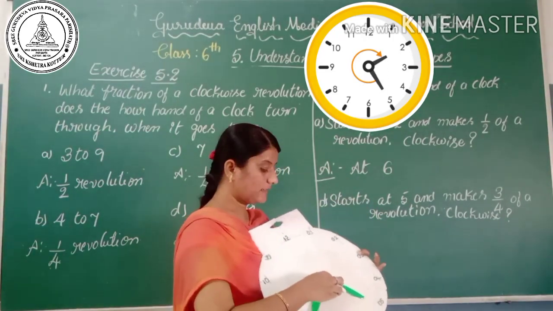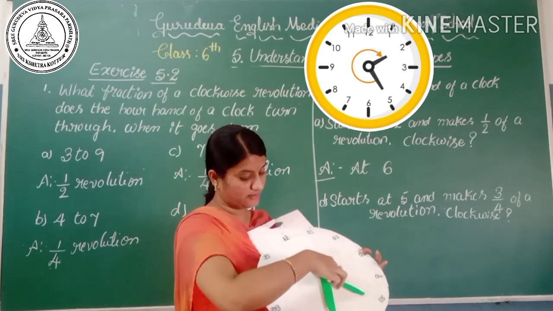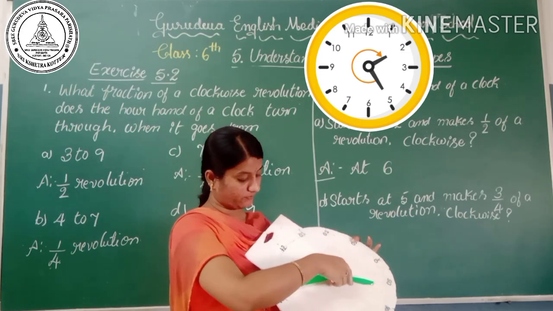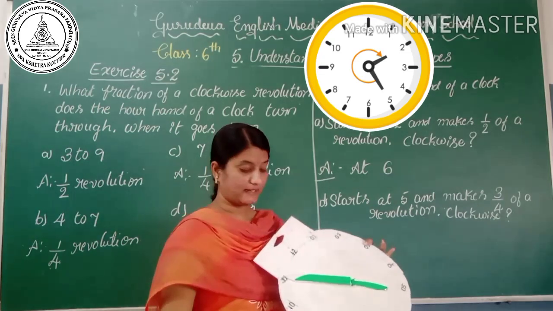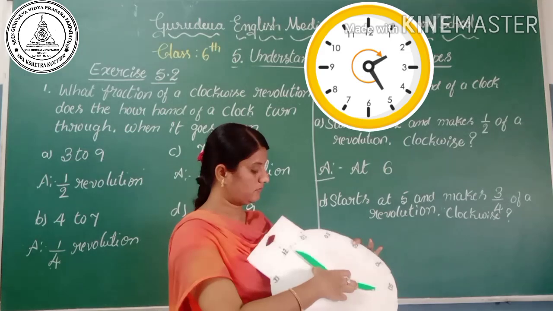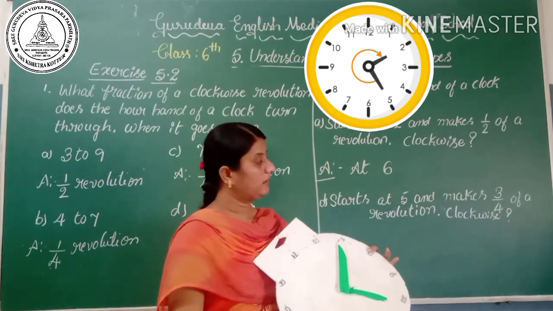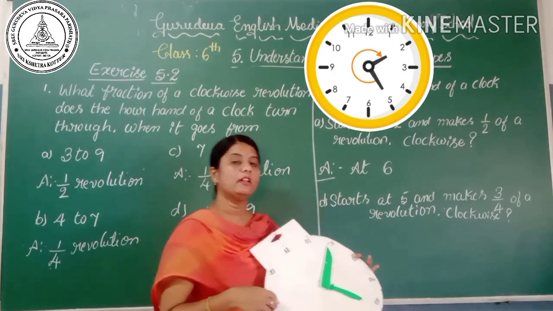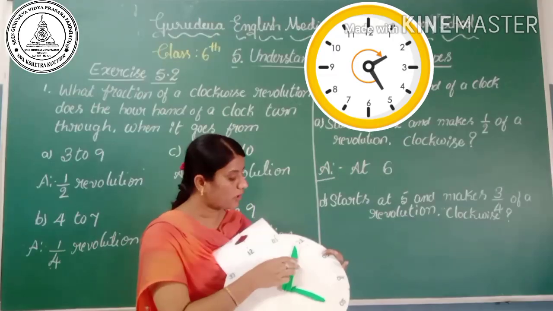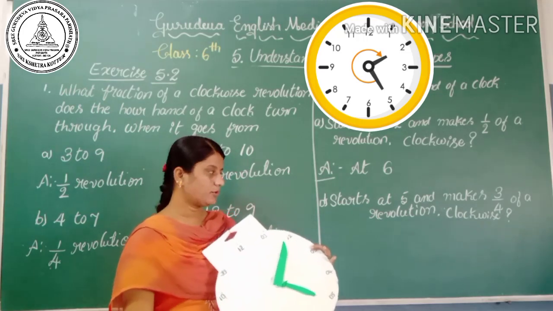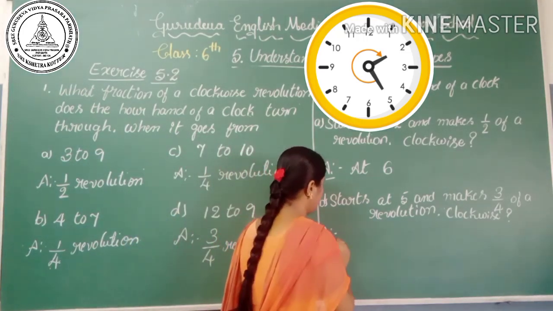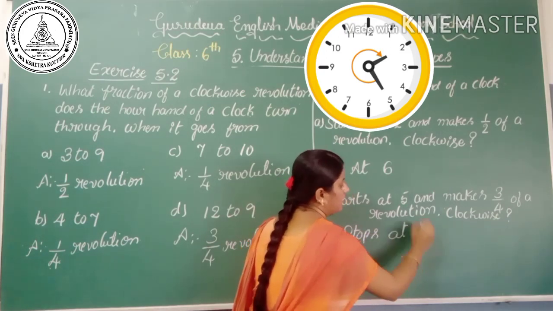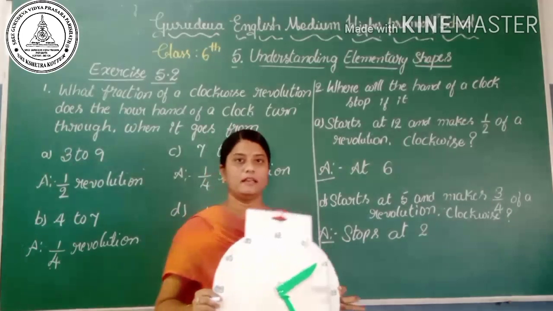Here it is at 5: one right angle turn, 2 right angle turns and 3 right angle turns. So it completes 3 right angle turns, which means it is 3/4 of a revolution. So where does it stop? It stops at 2. Answer: stops at 2. Okay, is it clear?